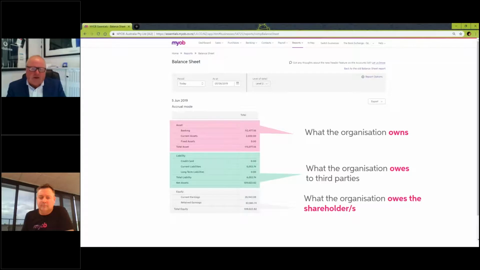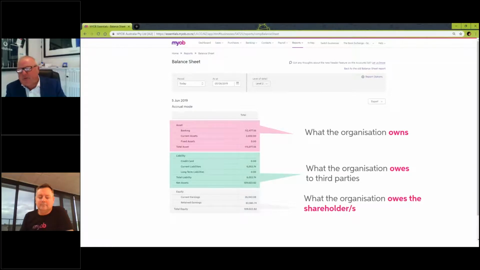Predominantly we can see and touch them and feel them. The liabilities, similarly, we get statements reminding us, at least monthly, what they are. So it's the people we owe money to, the long-term debt with banks, etc. And again, we're all familiar with that term, liabilities.